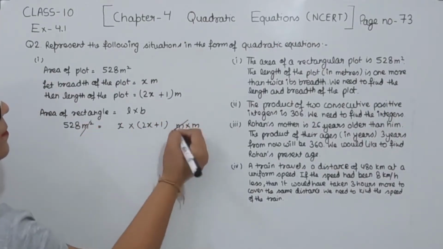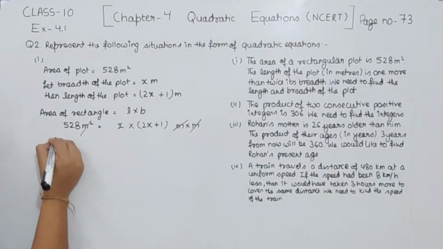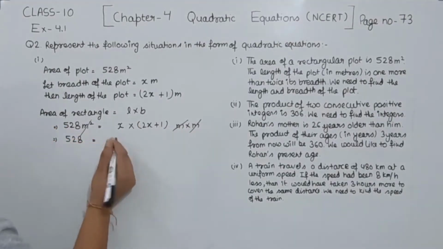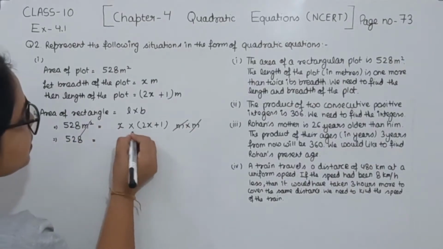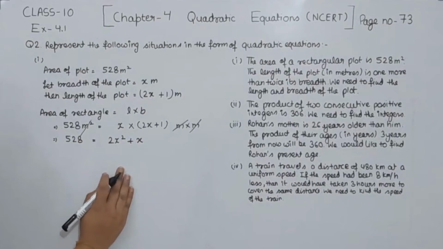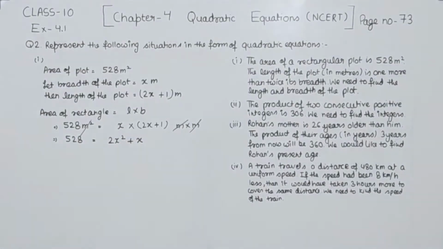So meter is cancelled from meter square. Now we are having 528, and x multiplied by 2x is 2x square plus x. Now we are going to solve it further.